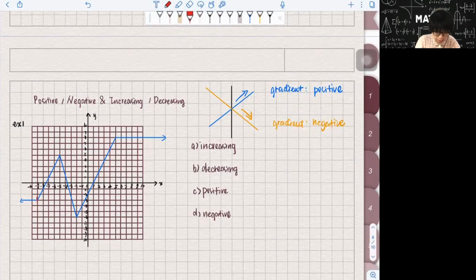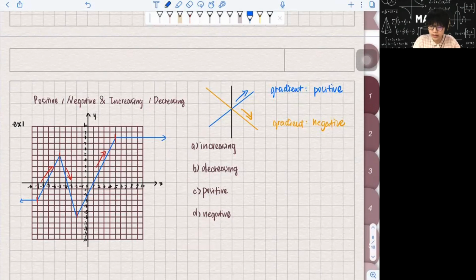First, from -9 to -5, the gradient here is positive, so it's increasing. And from -5 to -2, the gradient is negative, so it's decreasing. From -2 to 5, the gradient here is positive, so that means the graph here is increasing.